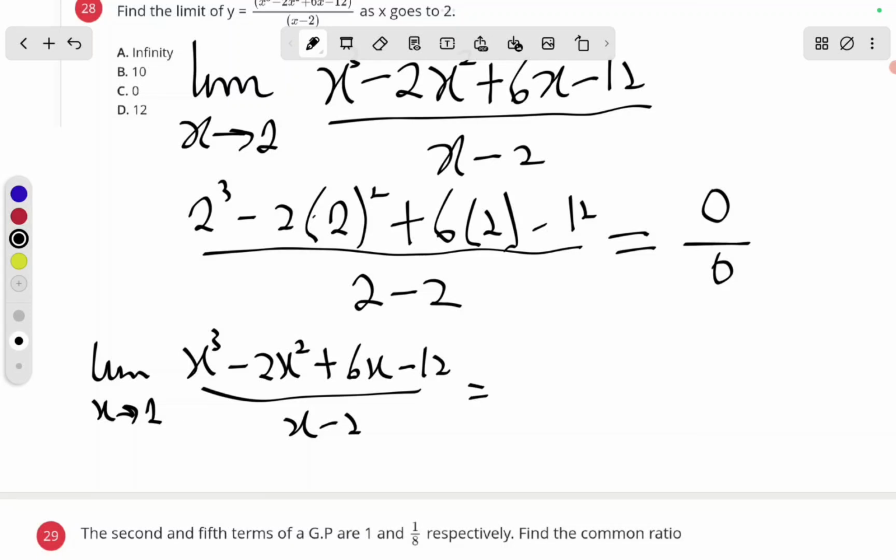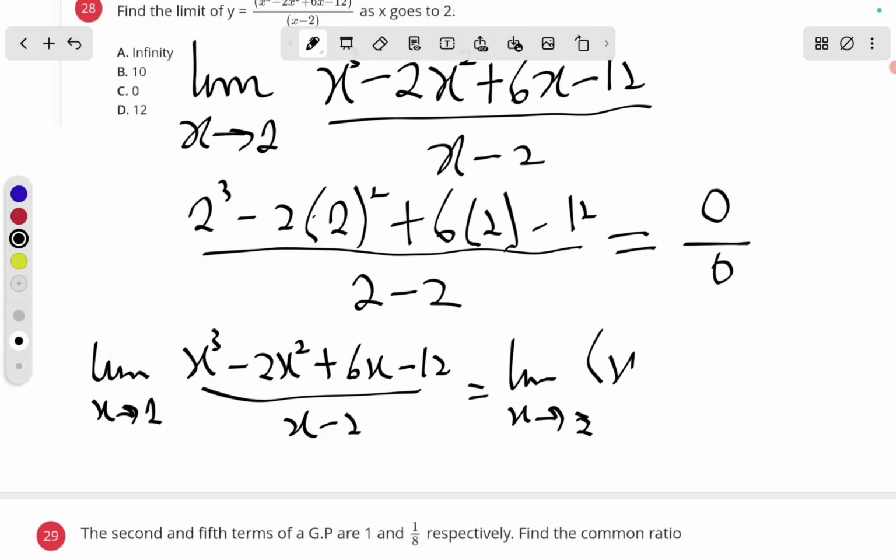This is the same thing as the limit as x approaches 2.